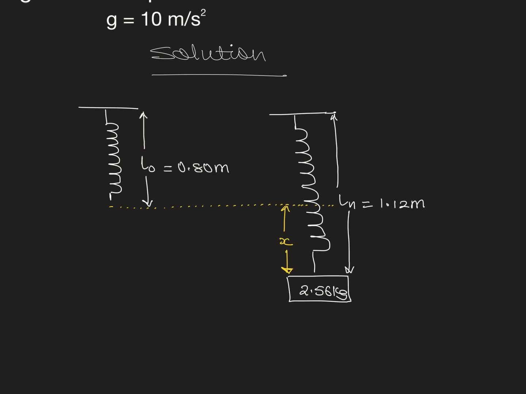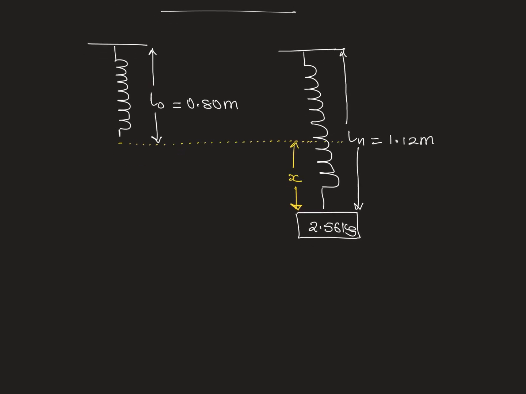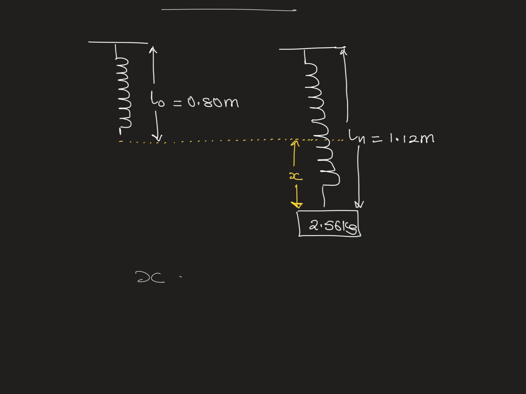So what will be the extension there? The extension x is equal to the new length minus the original length. The new length is 1.12, minus the original length, 0.80 meters. 1.12 minus 0.80 is 0.32 meters.